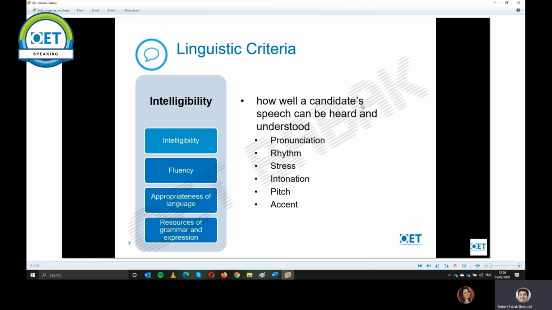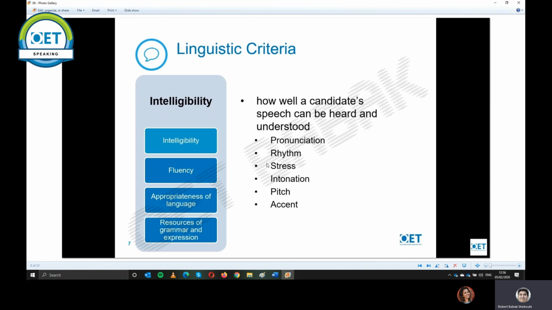We say candidate, we don't say candidate or candidate. We say candidate. Or understood. We don't say understood. We say understood.